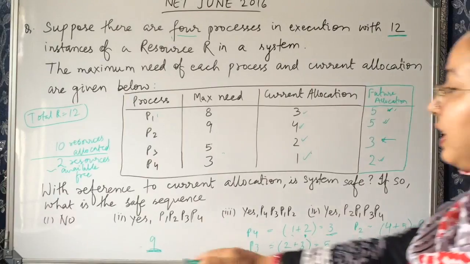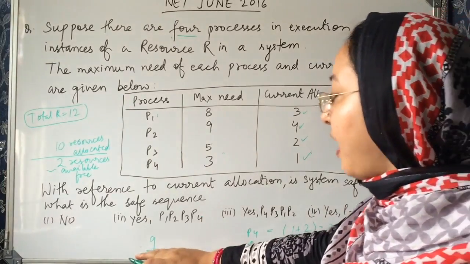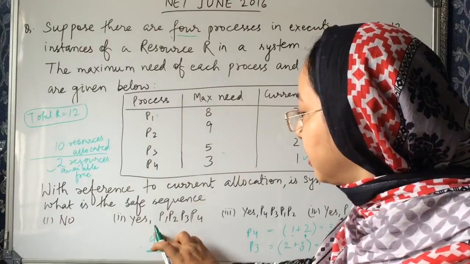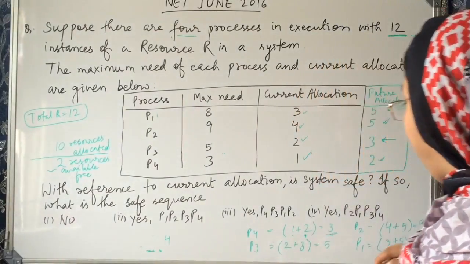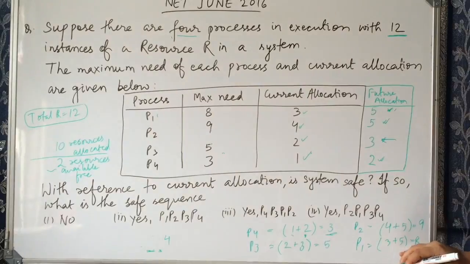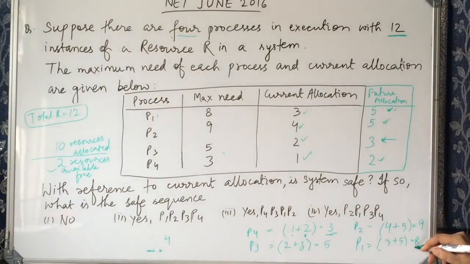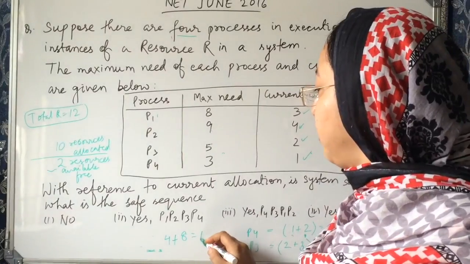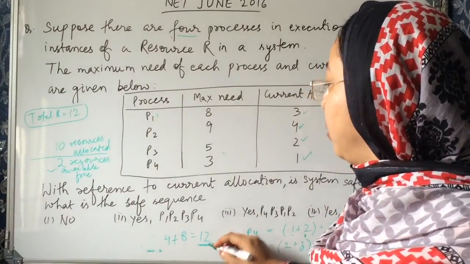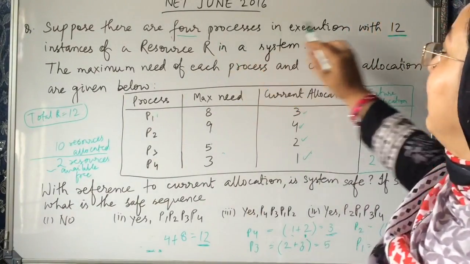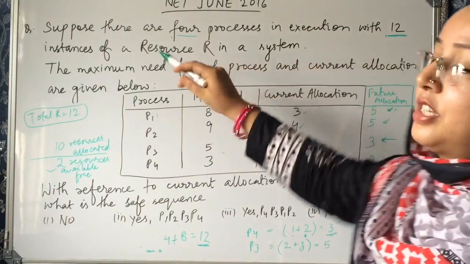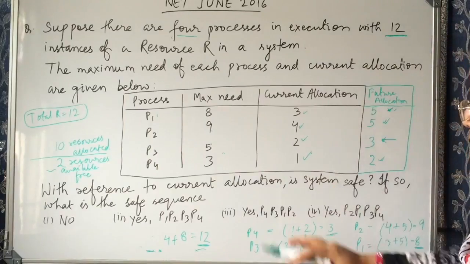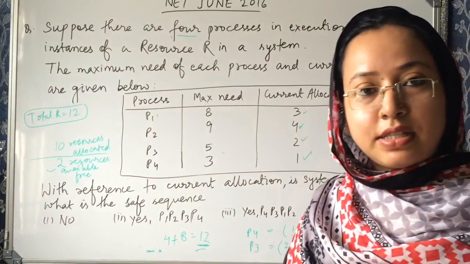We gave 5 from the 9, so we were left with 4 resources. After completing execution, P1 will release its 8 resources also, so it will become 12. It was given that there are only 12 instances of the resource, so we can say that our system is safe.